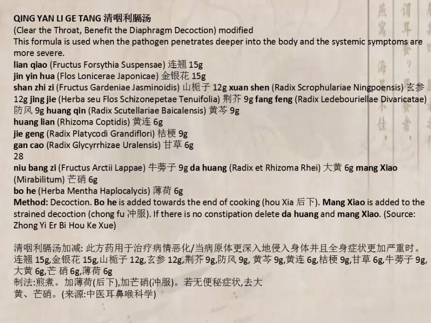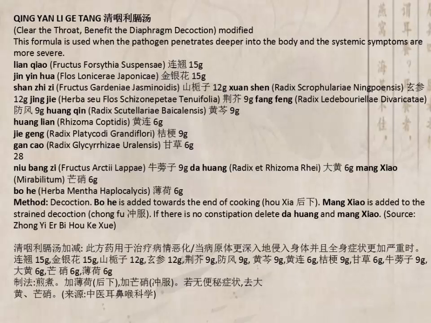And in this formula, Da Huang and Mang Xiao are being used to purge the bowels, so purging the heat downward. Remember that heat in Yangming, we call Yangming Jing and Yangming Fu. In Yangming Fu pattern, we have the constipation. We need to clear the heat downward. What's the major formula that we use for Yangming Fu?